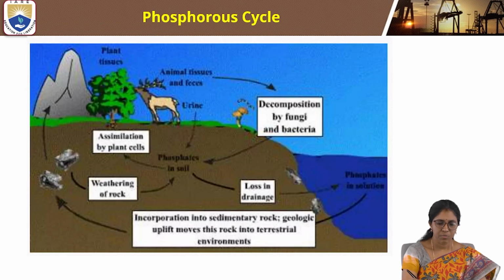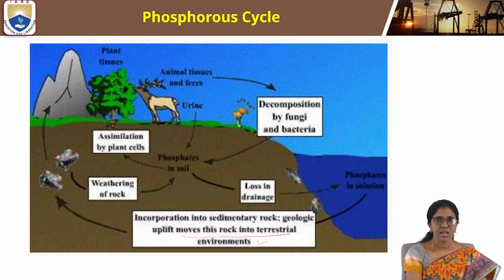So this is the phosphorus cycle. Geological uplift moves the rock into terrestrial environments. If we start with the rocks, by weathering the rock we can get the phosphorus in soil.